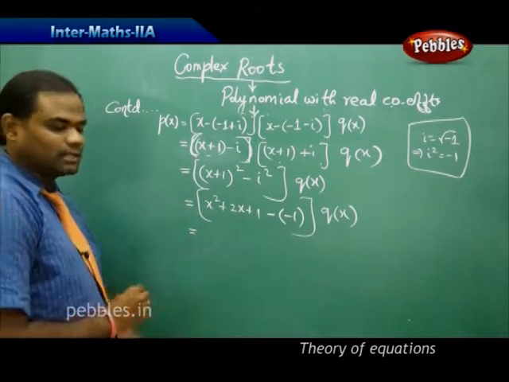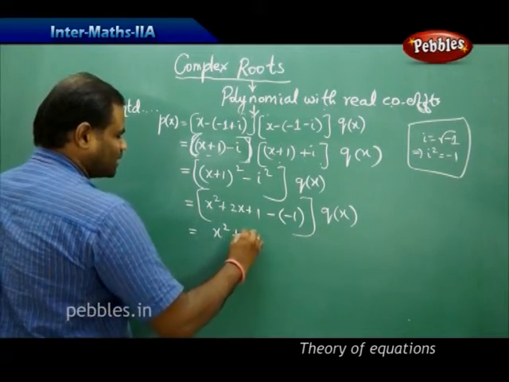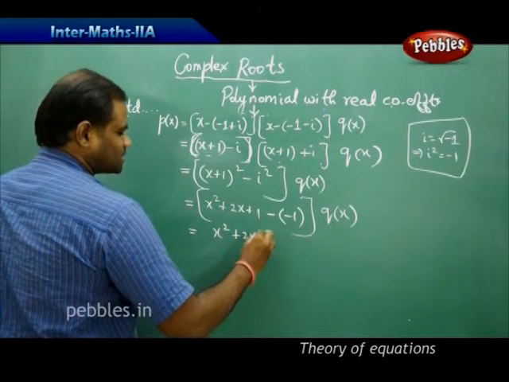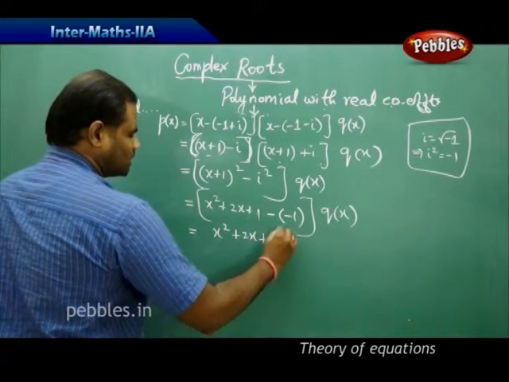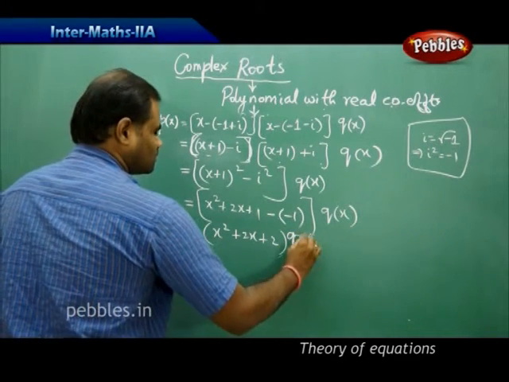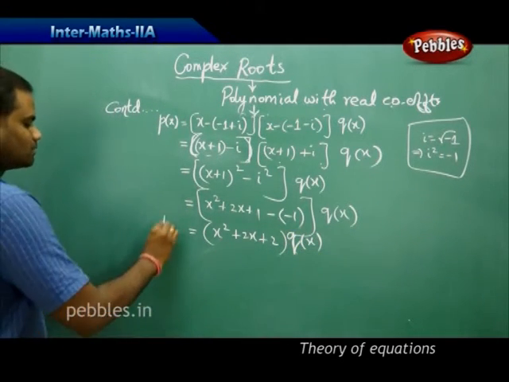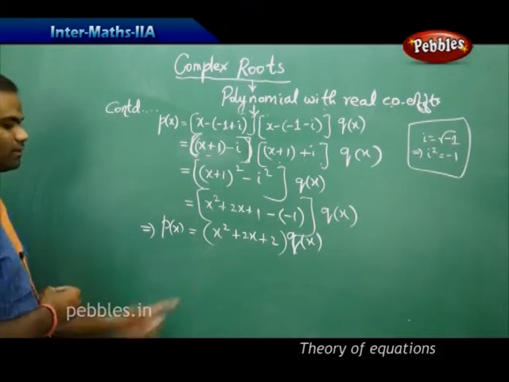Now this, on further expansion, gives me x squared plus 2x plus 1 plus 1, which is x squared plus 2x plus 2, times q of x, which is what I get for p of x.